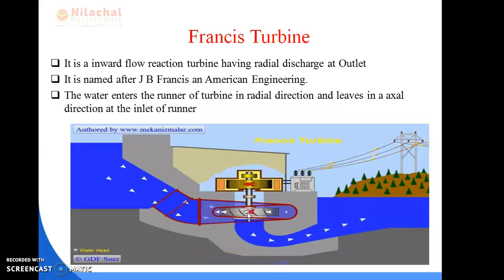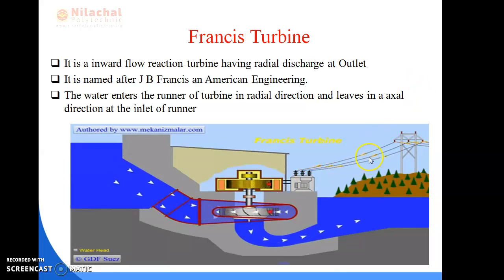The blades are mounted upon the runner and thereby the rotation of the runner takes place. The shaft of the turbine is coupled with the generator shaft, and we are getting the mechanical power from the turbine, which is given to the generator unit, and thereby the generator converts it into electrical energy.